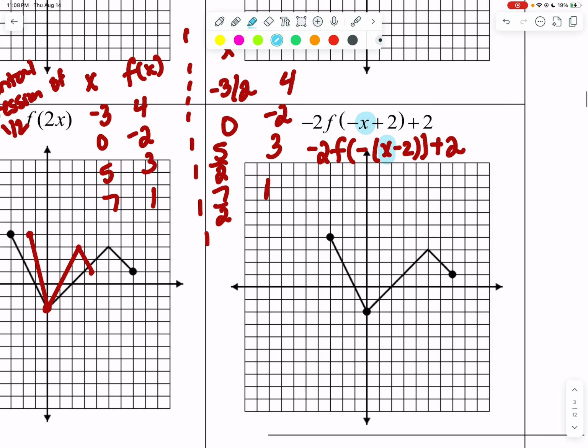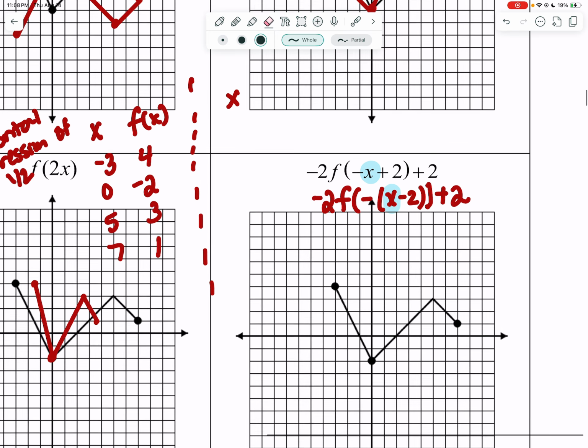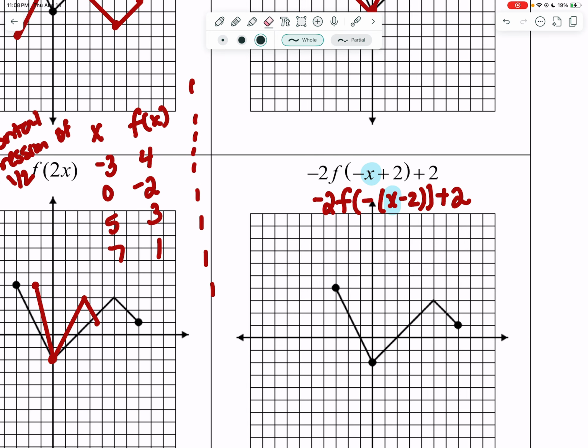All right, looking at the table of values that we have here, this is going to be handy for us whenever we try and do these transformations. So going from left to right, the first thing that I notice is that this is a reflection across the x-axis, which means that your y values are going to become negative.